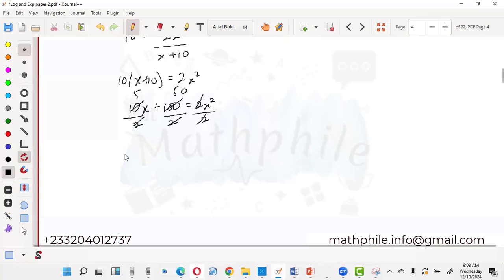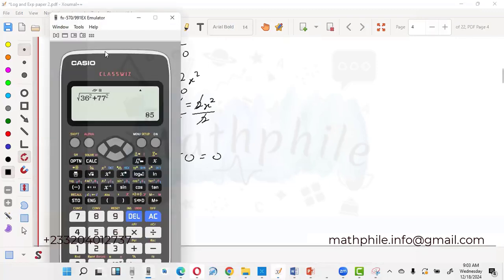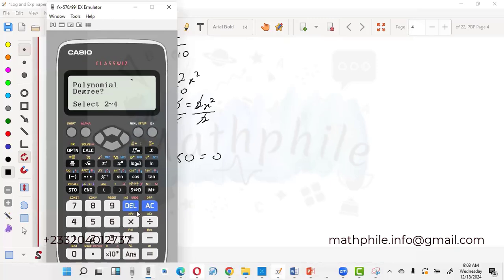So x squared minus 5x minus 6. Am I correct? Yes. So use the calculator to solve this quickly. You get 10 and negative 5.